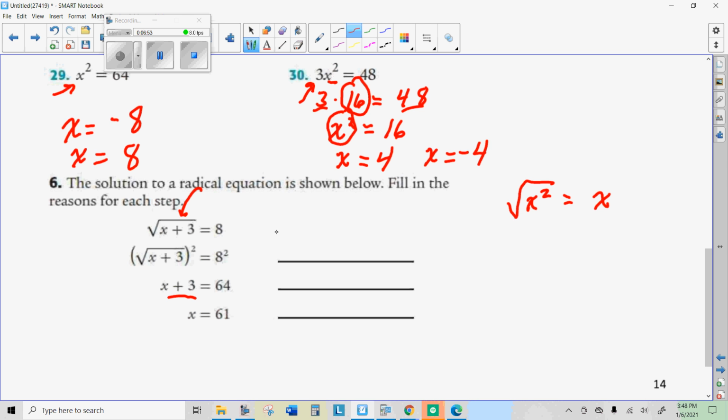And then all you have to do, so we're going to write here, square the numbers. And so when you do one side squared, you also have to do the other side squared to keep it evened out. And then the next thing we're going to do after that is take away the 3 here and subtract the 3. That would be backtracking.